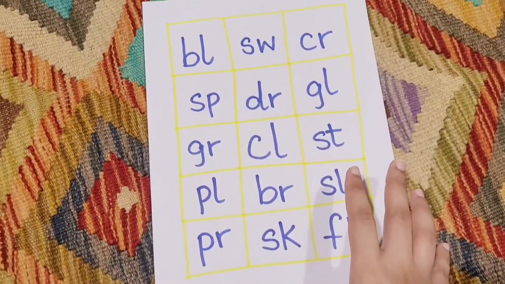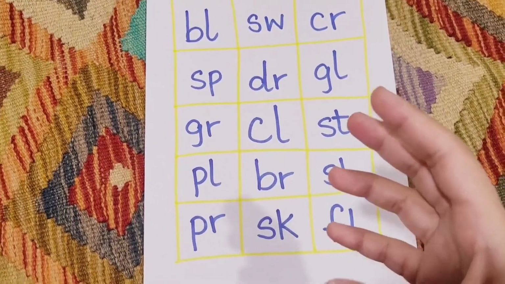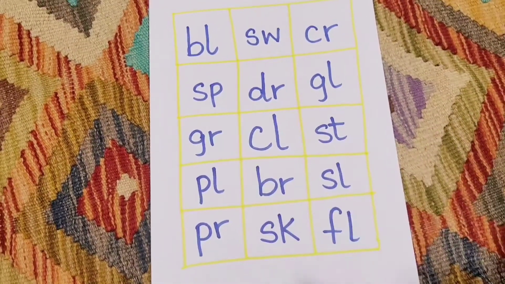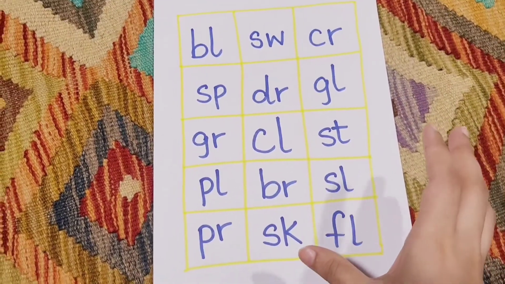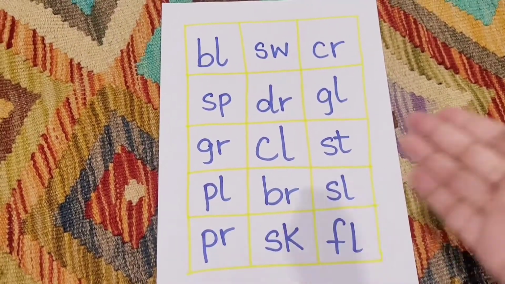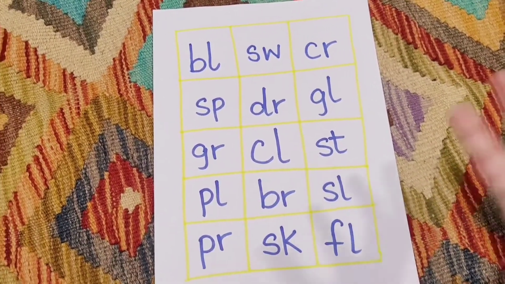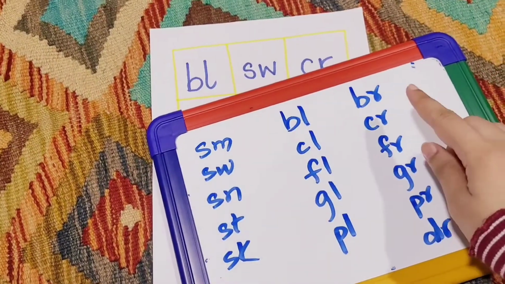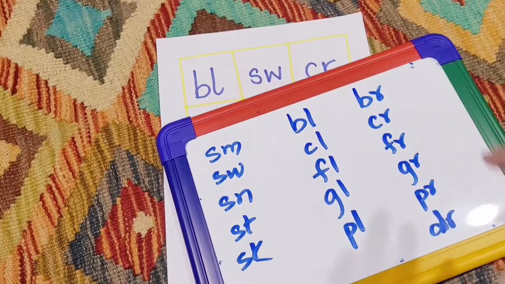This practice is really important, I feel, because they should be able to recognize the blend also when they are hearing it. So I will just say words, and they will cover the consonant blend that they just heard. So just teach a few, maybe do one word, the same practice that I told you, like tell them this is how it sounds, and then read a few words, and then I will mix up the words.